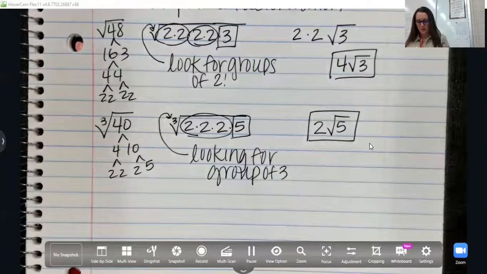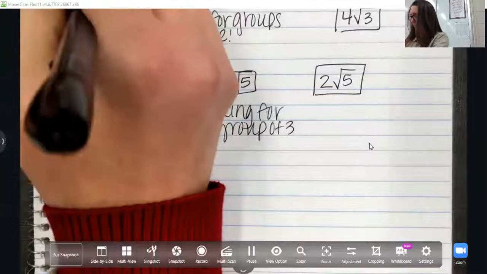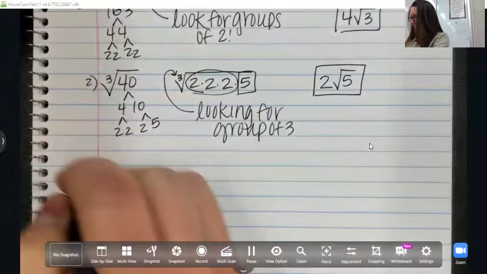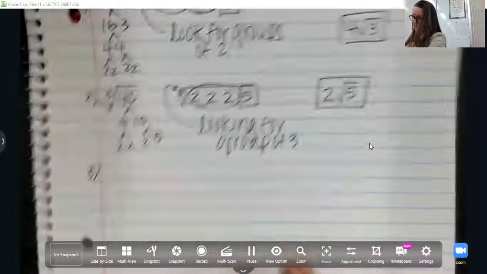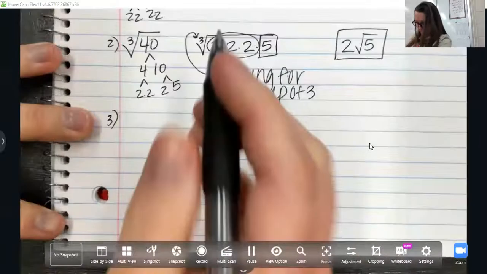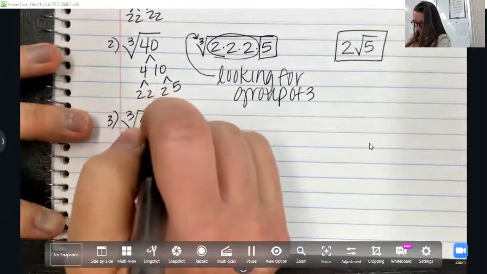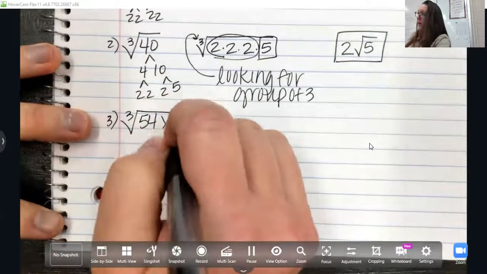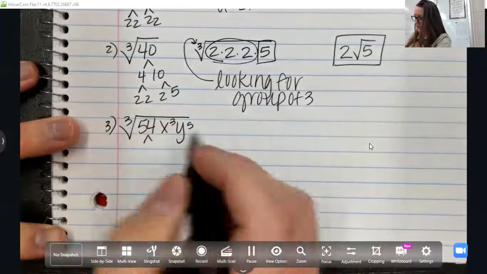This also works with variables. So let's look at an example with a variable. So let's say, make it a little bit difficult, right? So let's say that we have the cubed root of 54x cubed y to the 5th, okay? So let's break apart our 54.